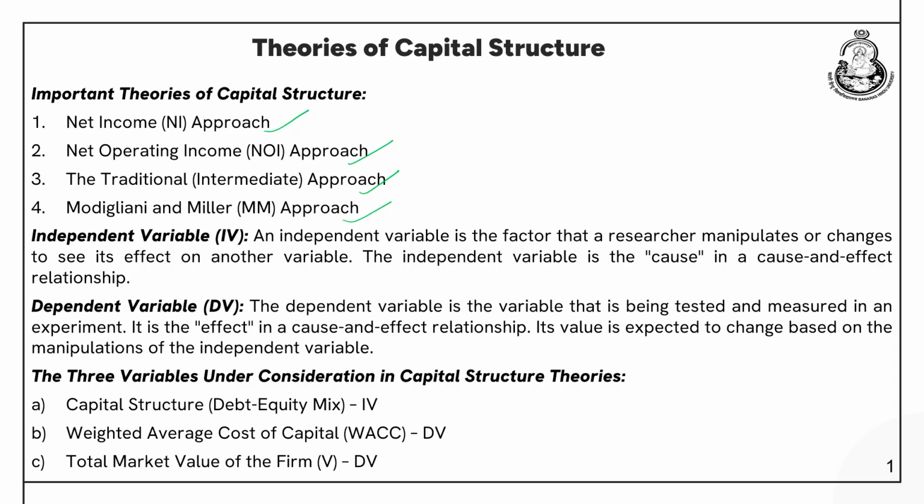So, what are independent variables? An independent variable is a factor that a researcher manipulates or changes to see its effects on another variable. The independent variable is the cause in the cause and effect relationship. This is the variable which the researcher manipulates to see what impact it has on the dependent variable.